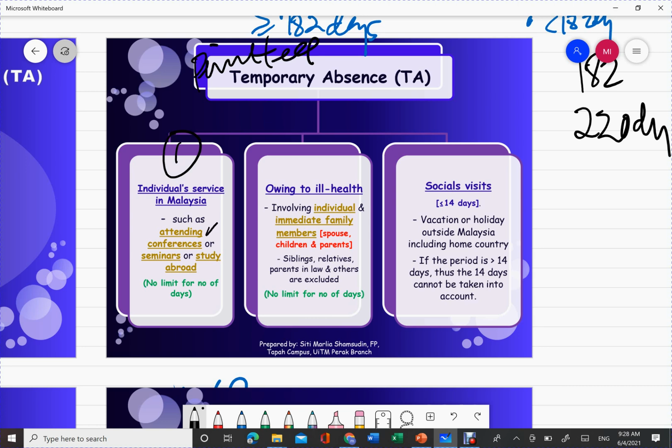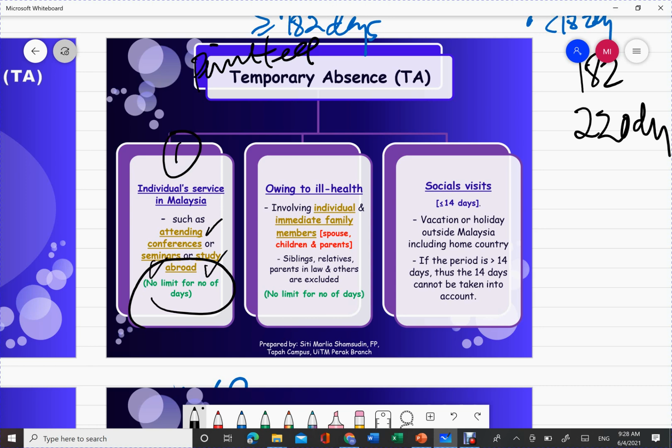For example, attending conferences, attending meeting, lepas tu ada seminar ke, dia study abroad ke, apa-apa. Dan berapa tempoh yang dia left Malaysia tu tak ada limit. Janji it due to the service matter.